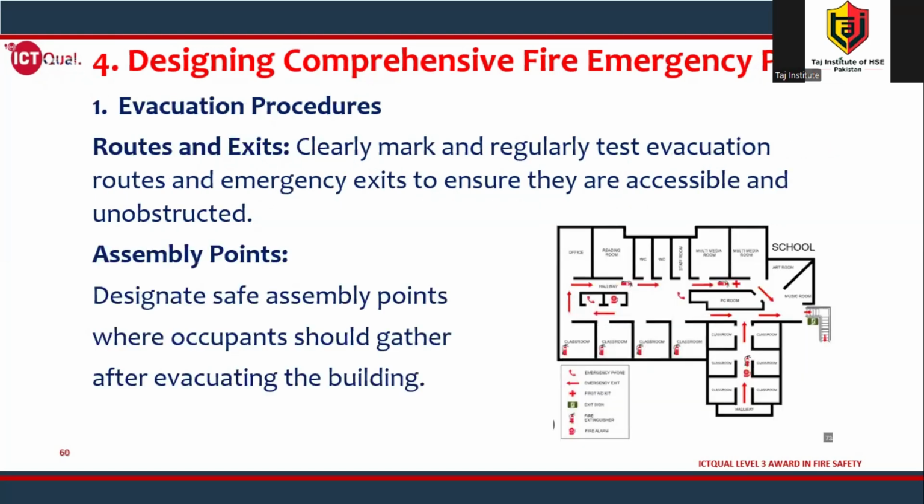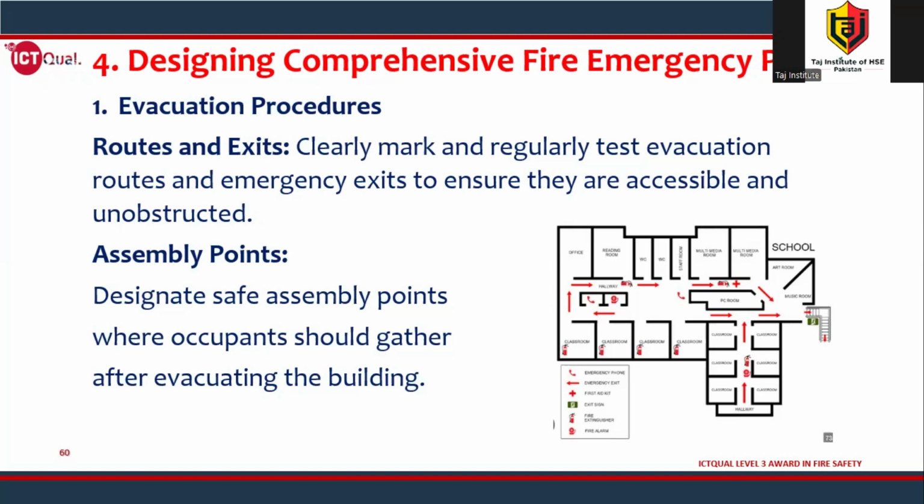Evacuation procedures. There should be notice boards on the walls and in some areas, indicating the emergency plans: this is the way to the emergency exit, here is the fire first aid kit, here are the communication numbers, and fire extinguishers are here.